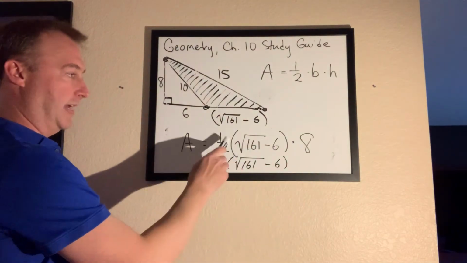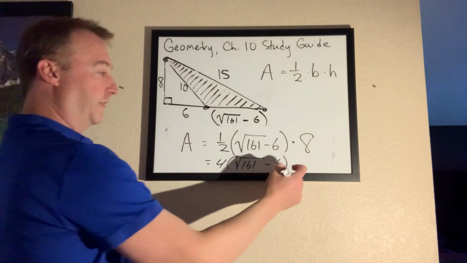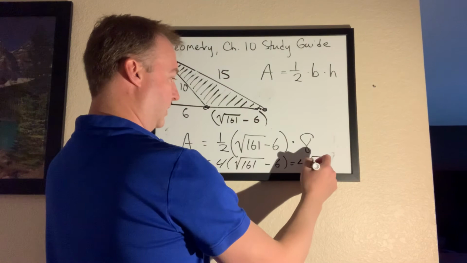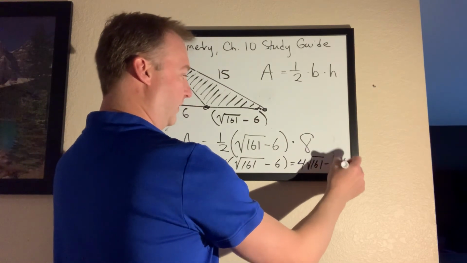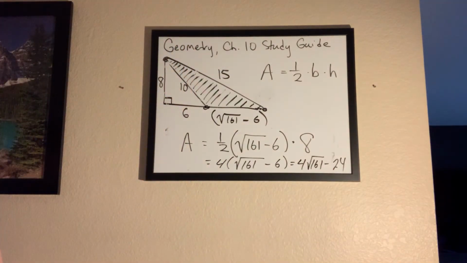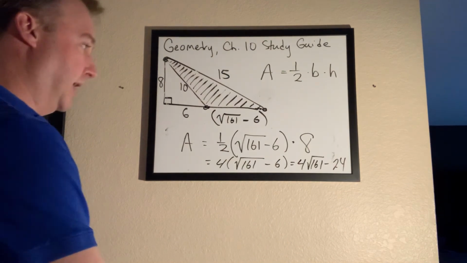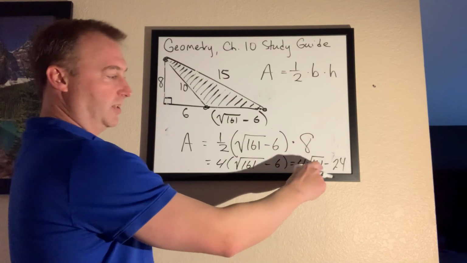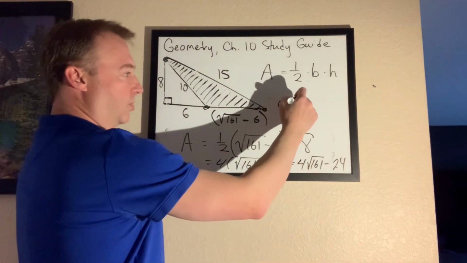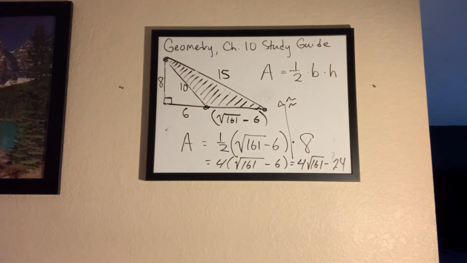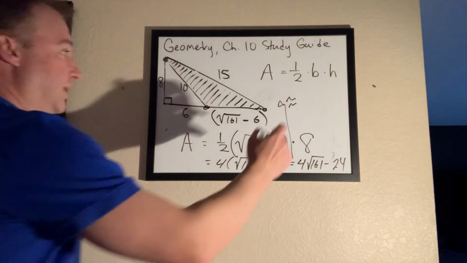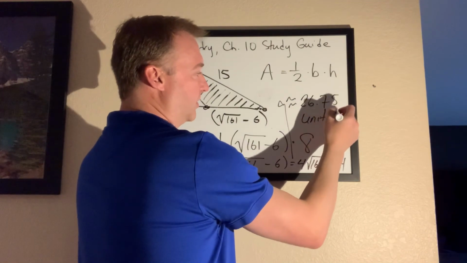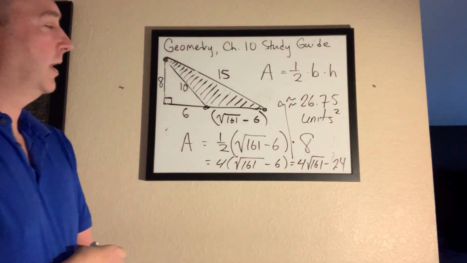Then I'll finish distributing to get 4 root 161 minus 24. Double checking, that is correct. Then you can punch that in on a calculator, 4 times root 161 minus 24, which is approximately 26.75 units squared.